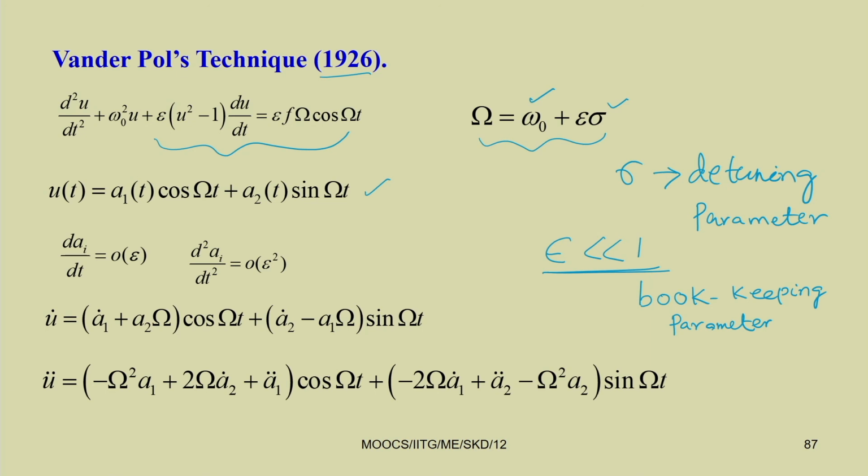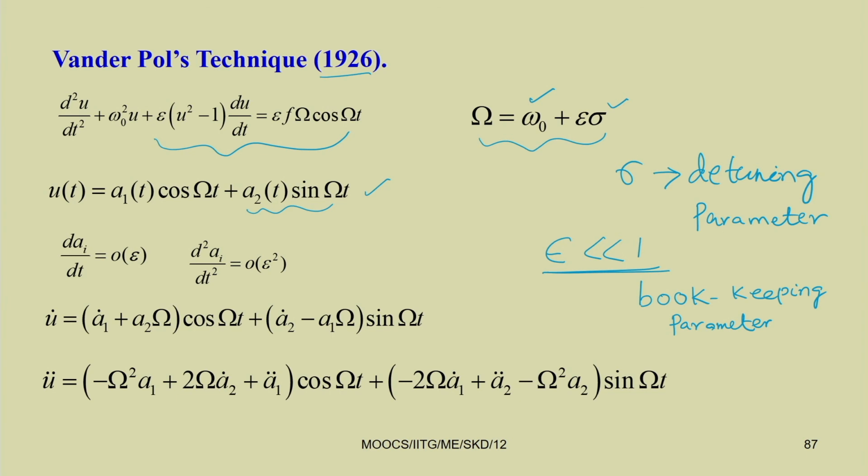So, now as u t equal to a1 t cos omega t plus a2 t sin omega t, u dot can be written by differentiating this equation: derivative of a1 equal to a1 dot, then derivative of a2 t sin omega t. So, this can be written a1 dot cos omega t plus minus a1 sin omega t into omega, and from differentiating the other term, a2 dot sin omega t plus a2 into omega into cos omega t.